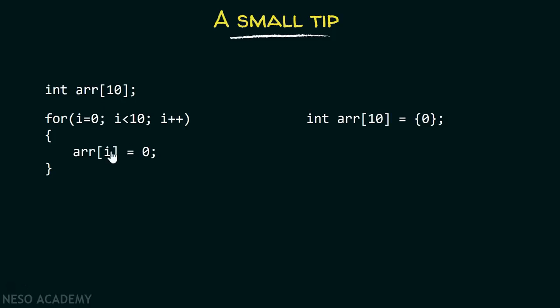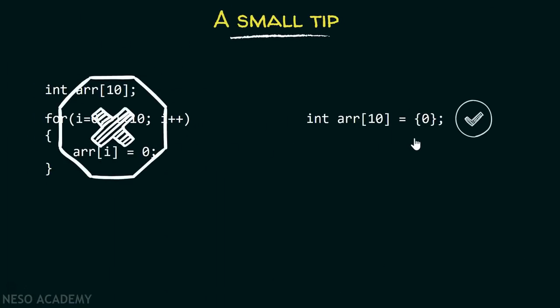Instead of writing this whole code, you can simply write this line. Both are exactly the same. As we know, whenever we are entering the elements lesser than the length specified, automatically the rest of the locations are filled by value 0. Here I am specifying just one value 0. The rest of the entries will automatically get filled by 0. So this is an advantage. This is not a preferred method, but this one is preferred.